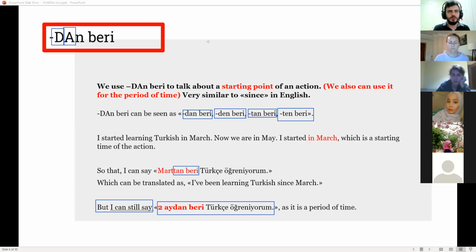So we have written some examples. We said 10 yıldır evliyiz. So we are in 2021. How do you think we can write this sentence with dan beri or den beri? When did I get married if I'm married for 10 years?